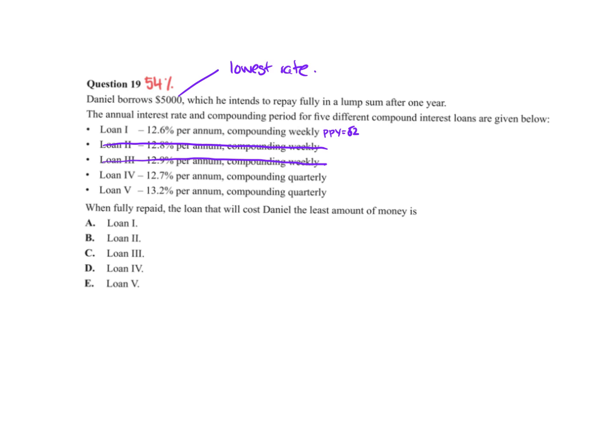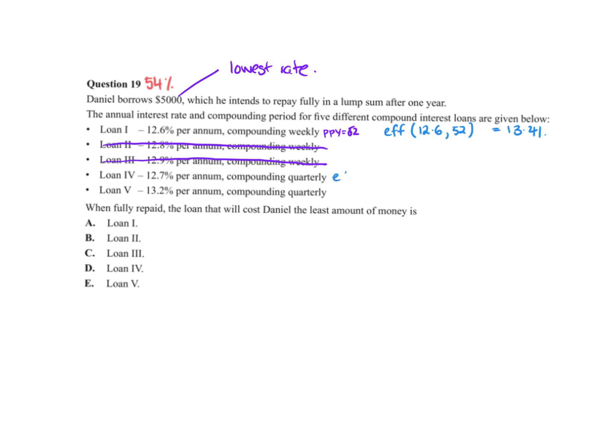Okay, now I get to the next one. It's 12.7, so it's a higher rate, but it's only compounded quarterly. So now I don't know, because it may be lower than the first scenario. So what I'm going to have to do is work out the effective interest rate. So I'll do the effective interest rate of this one, which would be 12.6, 52, and I end up with 13.41.